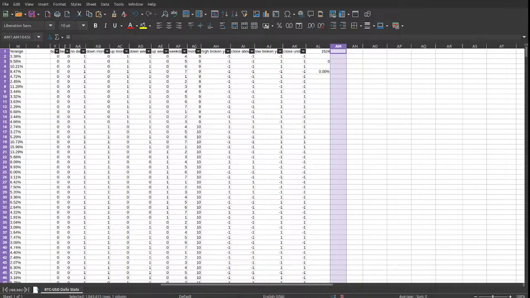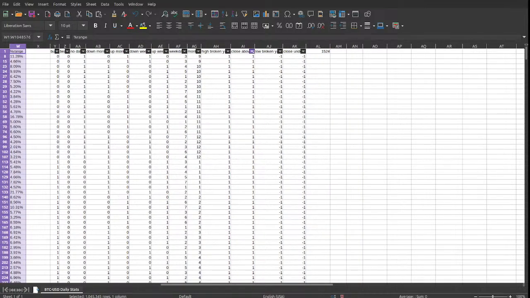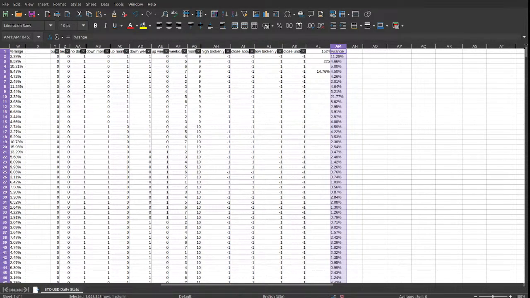Actually, no, let me check this one more time. Did I use the down weeks properly? So if we close above during a down week, that's 14%, or actually about, yeah, we'll call it 14%. There's a 14% follow through on a down week, right?